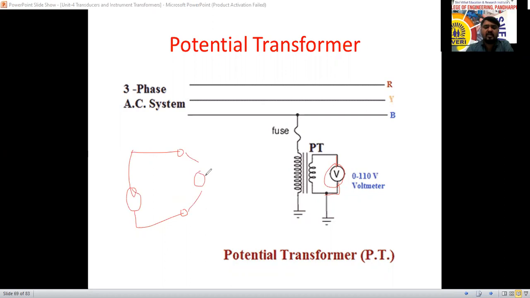The open circuit resistance at this terminal will be high or low? In between these two terminals, what is the resistance? Is it maximum or minimum? Minimum. Next, any other options? Maximum, minimum. Anyone?